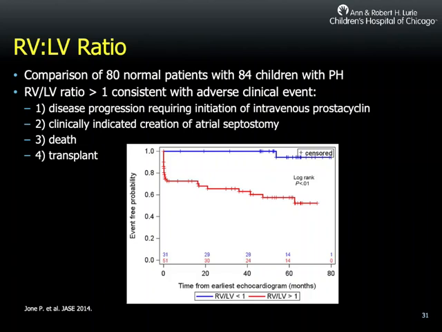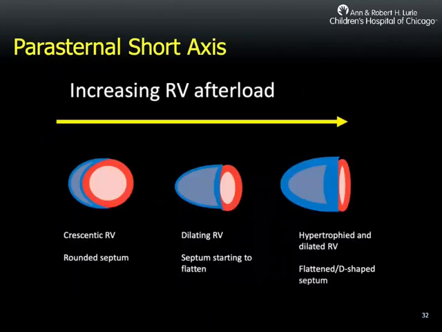Those events included disease progression requiring initiation of IV prostacyclin, clinically indicated creation of an atrial septostomy, death, or transplant.